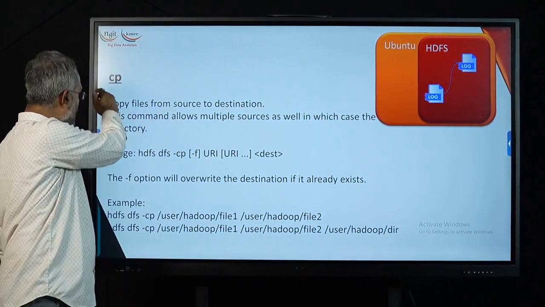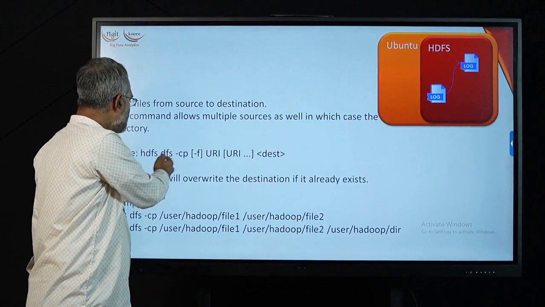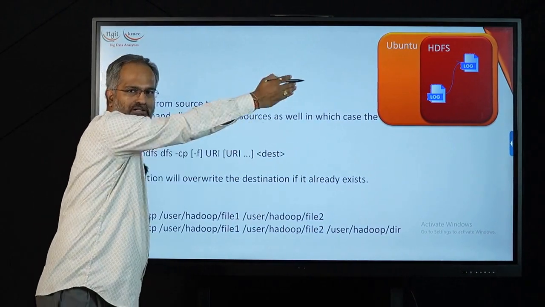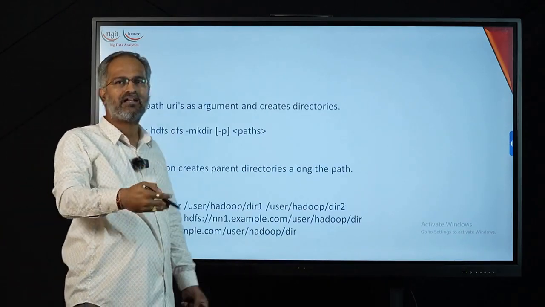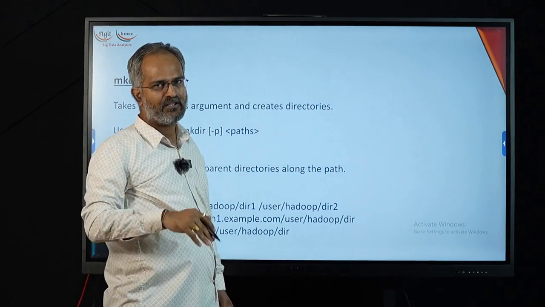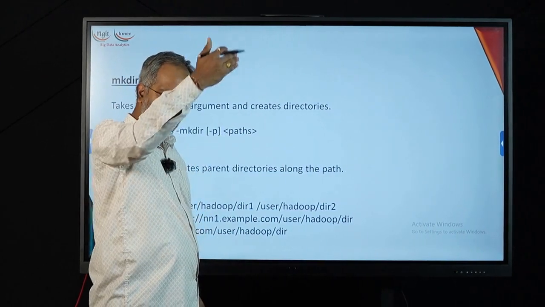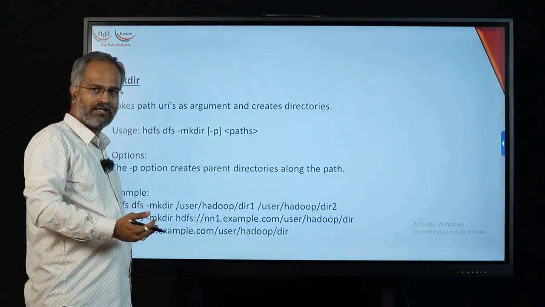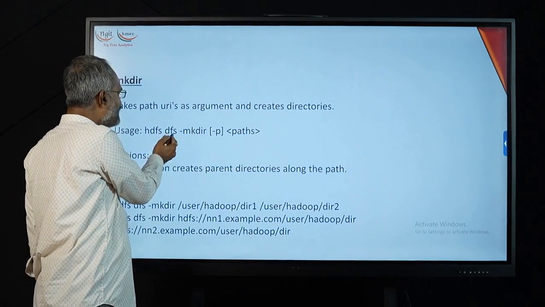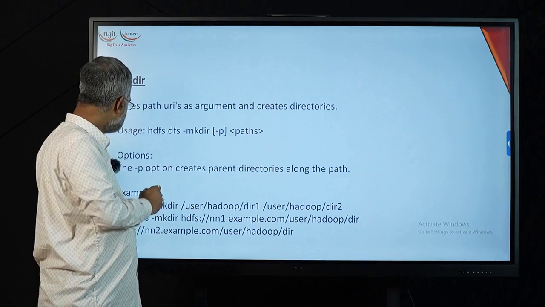So for that, we have to use the cp command. HDFS DFS -cp, you can give the path 1 and path 2. And mkdir, this is to create a directory inside the HDFS. You can create the directory, and the complete directory structure you can create by using the mkdir. Simply you can give HDFS DFS -mkdir.